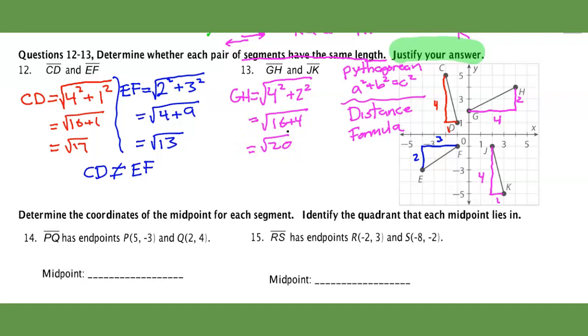And then we have JK, going to be 4 squared plus 1 squared, which will be the square root of 16 plus 1, which is the square root of 17. Okay, so once again, we have justified our answer that these are not the same length, so JK is not equal to GH.